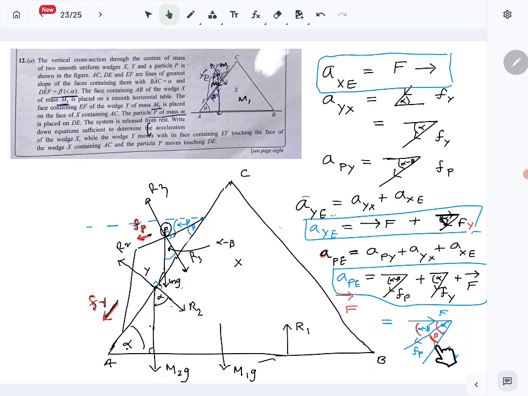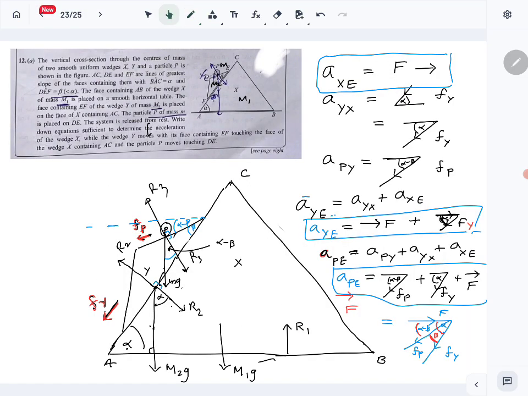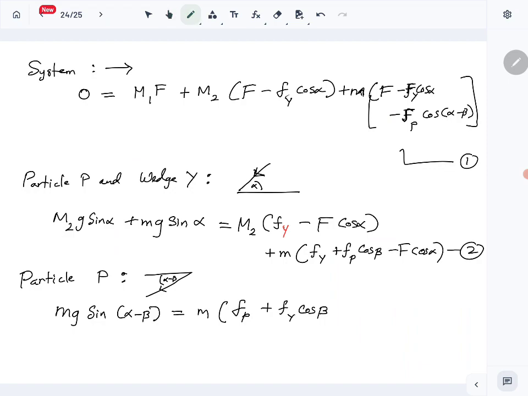So Fy cos beta, that is also going in positive direction. And then F's component in Fp direction is going to be negative because it's going in that direction. F cos alpha minus beta. So minus F cos alpha minus beta, right?